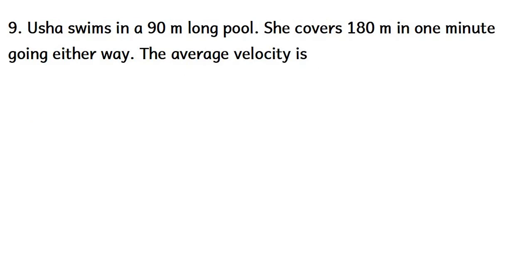Now in question 9, Usha swims in a 90-meter long pool. She covers 180 meters in 1 minute, going either way. So let us suppose Usha starts swimming from A to B. The length of the swimming pool is given as 90 meters.